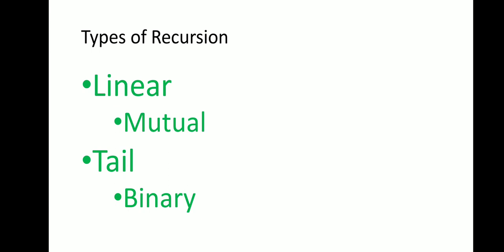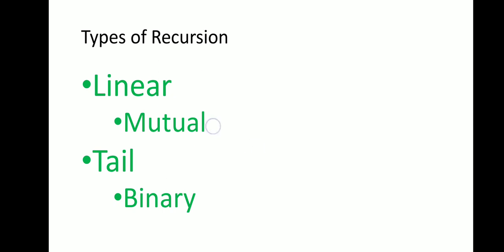Binary recursion: if you want to call a particular function in more than one place. Bi means 2. If you call the same function within the same function block 2 times, then it is called binary recursion.